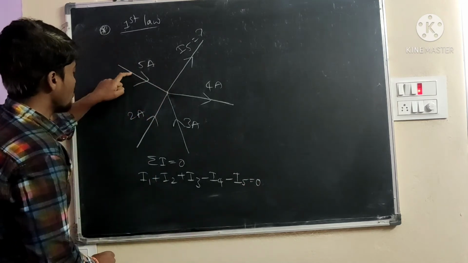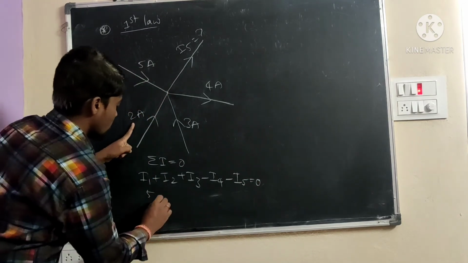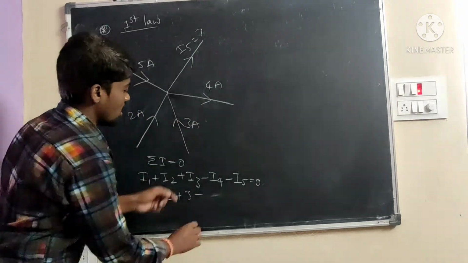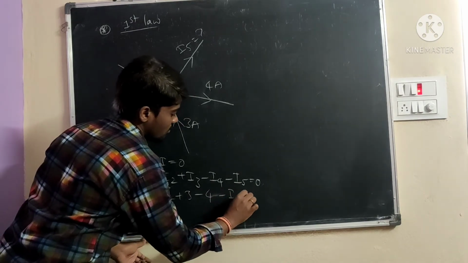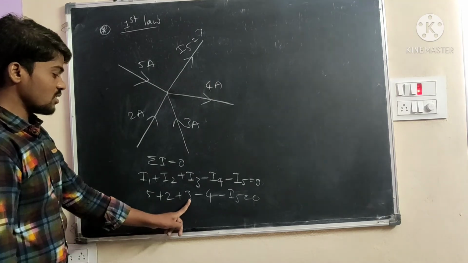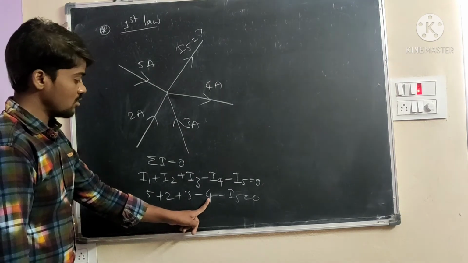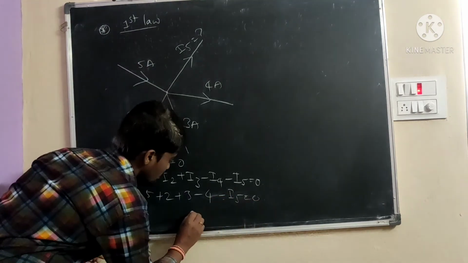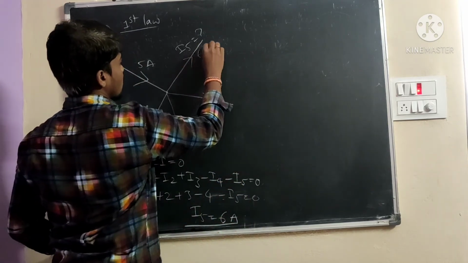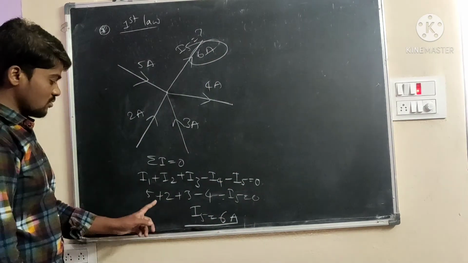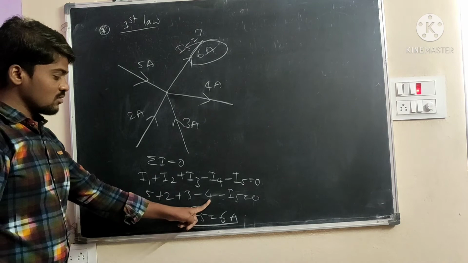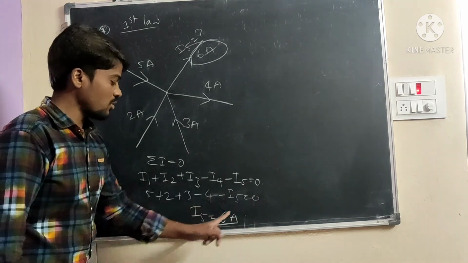I1 is 5, I2 is 2, and I3 is 3, minus I4 which is minus 4, and I5 is minus 5. 5 plus 2 is 7, 7 plus 3 is 10, 10 minus 4 is 6. This is positive, I5 will be negative here, so this one will be positive. I5 is equal to 6 amperes.